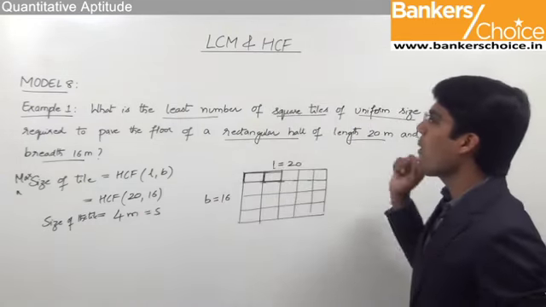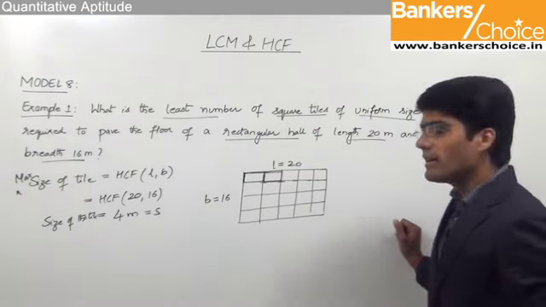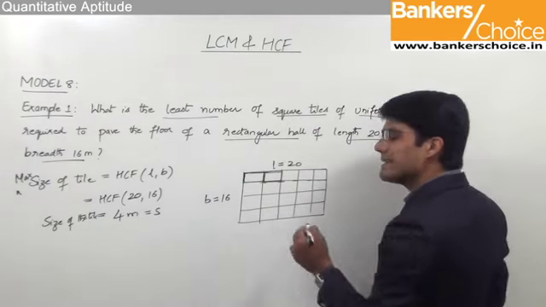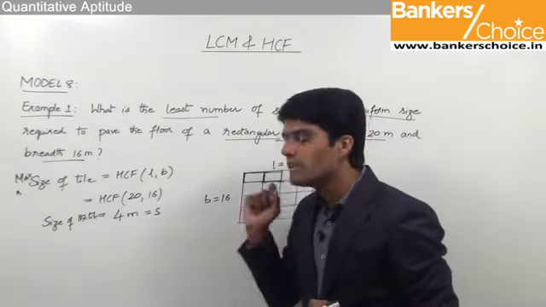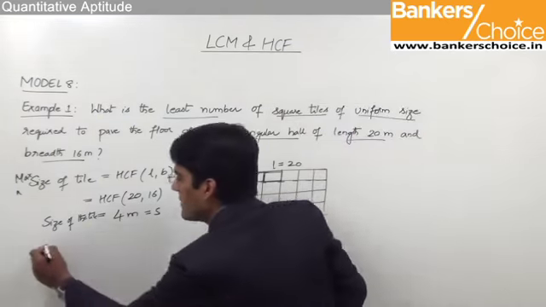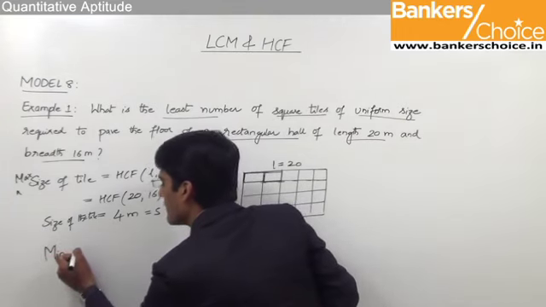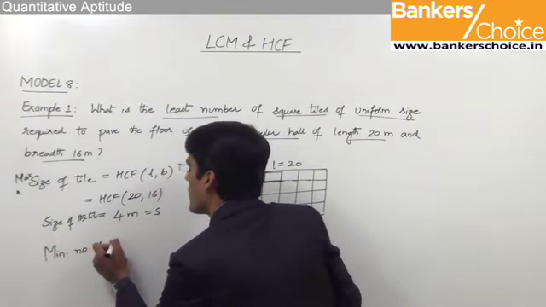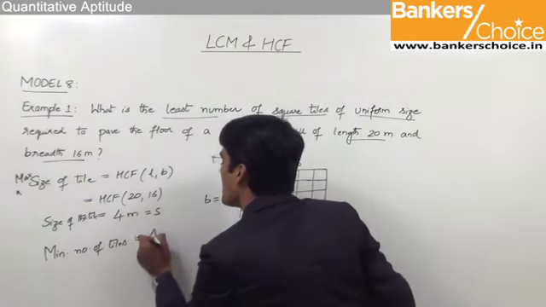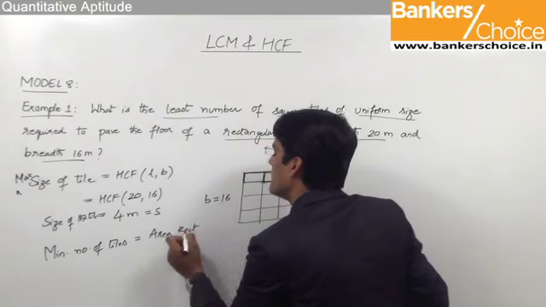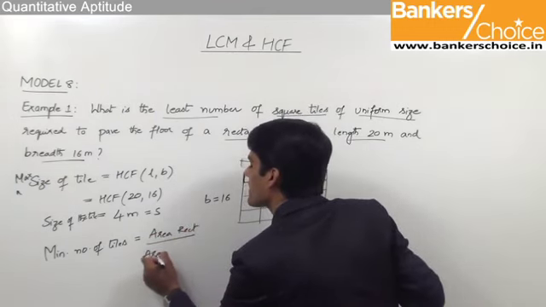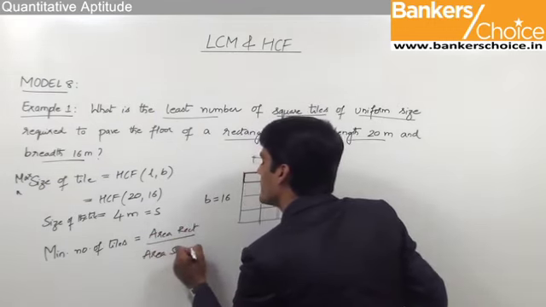And the given question is, what is the least number of tiles required? Now the number of tiles that are required is nothing but the area of the rectangular hall divided by the area of each square tile. So the minimum number of tiles required can be taken as the area of the rectangular hall divided by the area of the square tile.